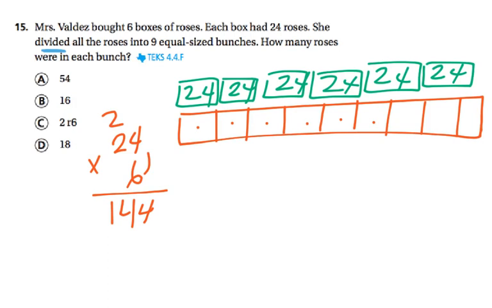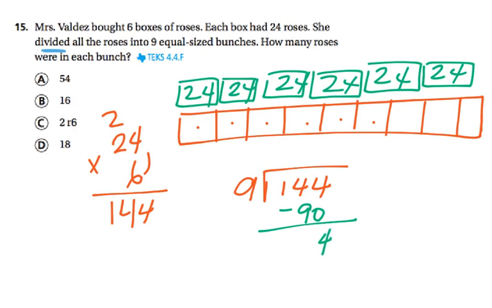Now from the 144, I am going to be dividing that by 9. This is the second step, dividing 9 into 144. Okay, I'm going to use partial quotients this time. So I'm going to take out 90, because I know that 10 times 9 equals 90.